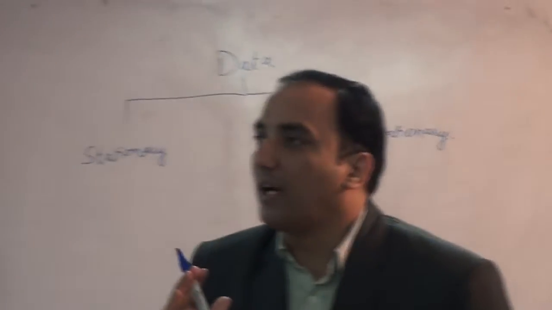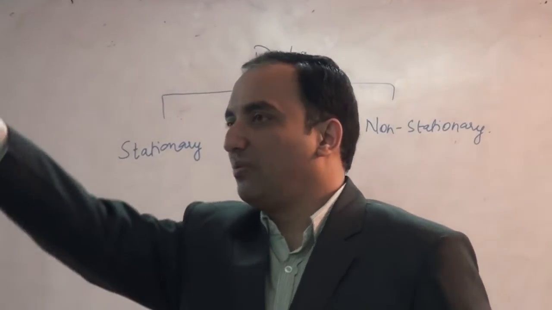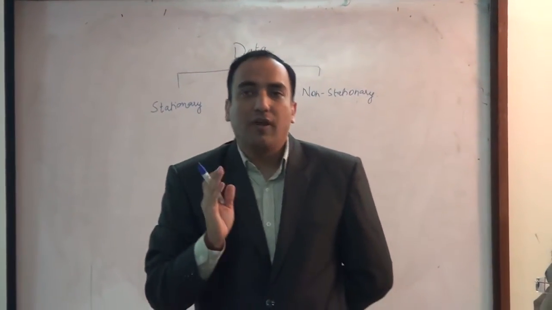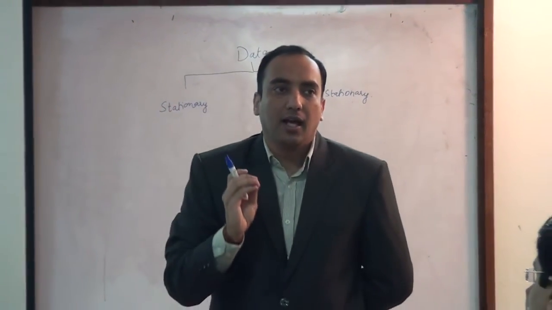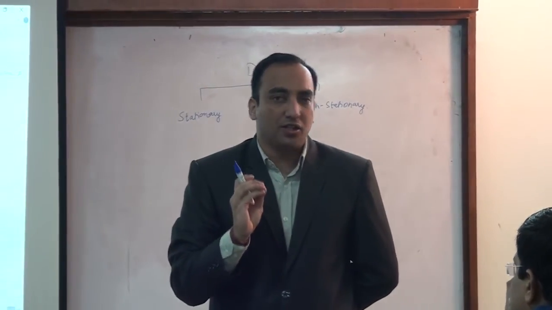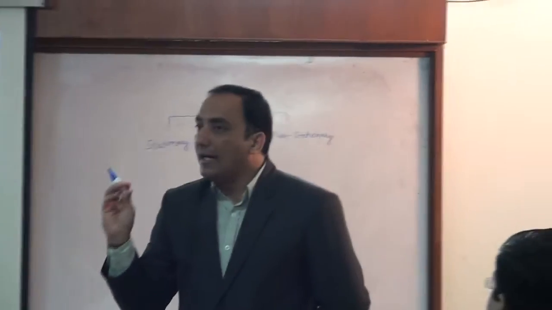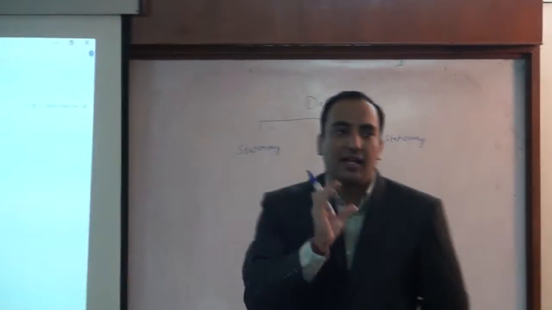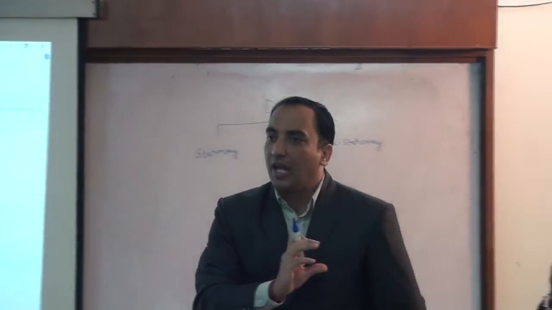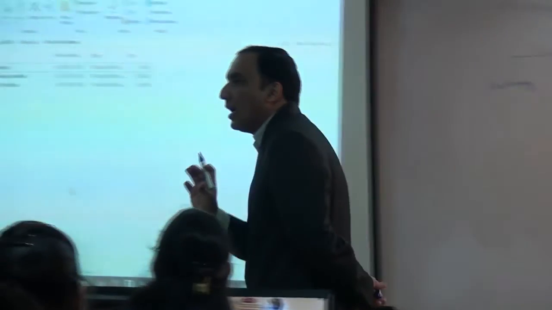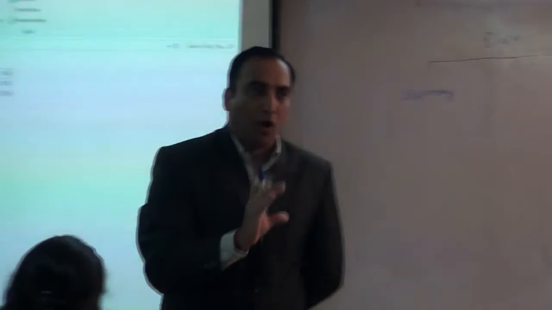Whenever you have a data set, the first thing which we have to test is whether the data is stationary or not, and then we have to decide on the model. For stationary data sets, we have to have some different type of model, and for non-stationary data sets, we have to have a different type of model.